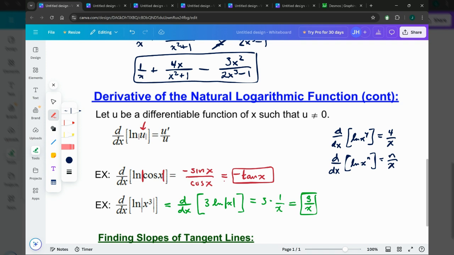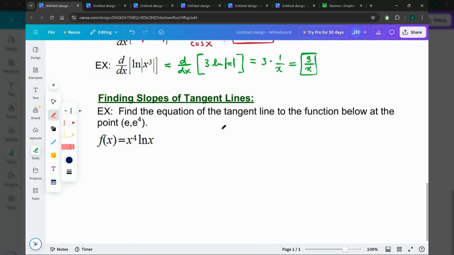Now, when we've done derivatives, if you've watched my past videos, you know when we take derivatives, one of the things we like to do is we like to do tangent lines. How would you write the equation of the tangent line to this function below at the point e, comma, e to the 4th? Okay. If I take the derivative of this function, I'm going to have to use a product rule.